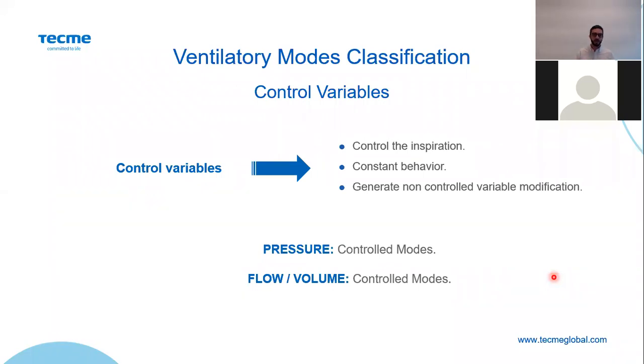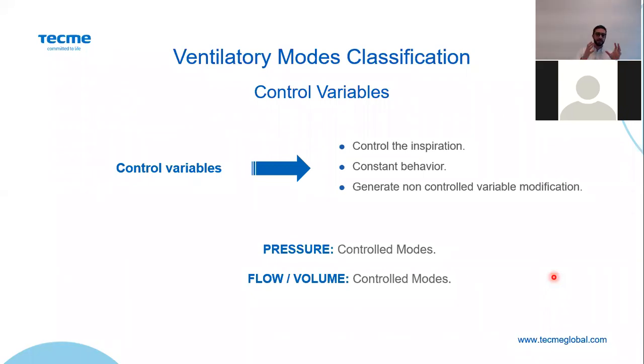The first one is the control variable. This concept is really important because this variable controls the inspiration and it has a constant behavior during all the inspiratory time.